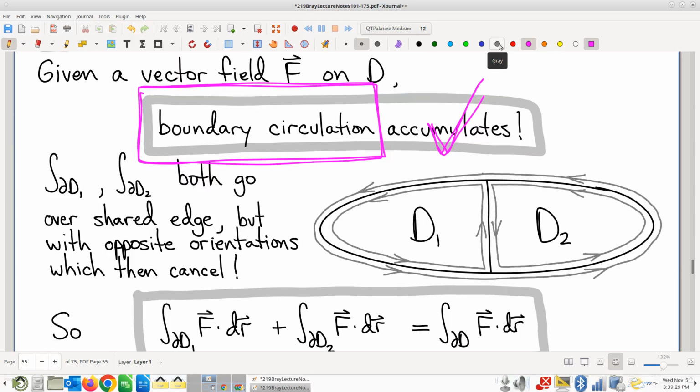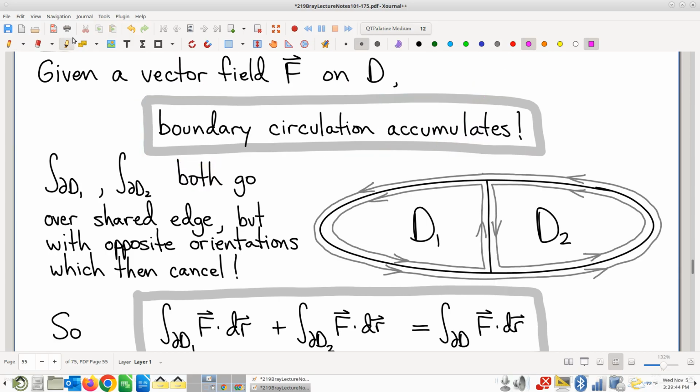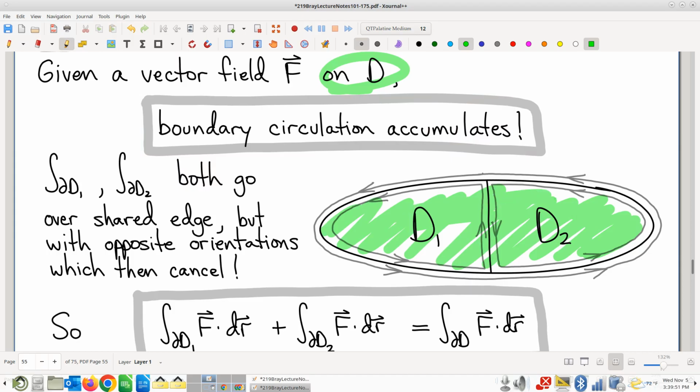Circulation, recall, means vector line integral on a closed curve. Conveniently, boundaries are always closed curves. So boundary circulation means whatever region you give me, right? If you give me some region like this, some big grassy field like so, boundary circulation says, okay, I'm going to look at the boundary.